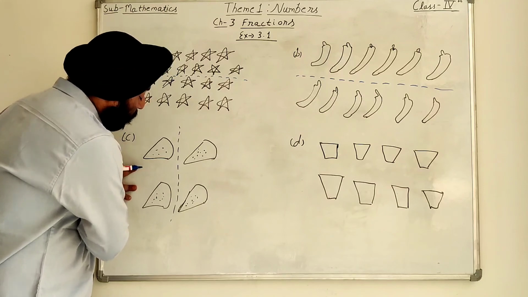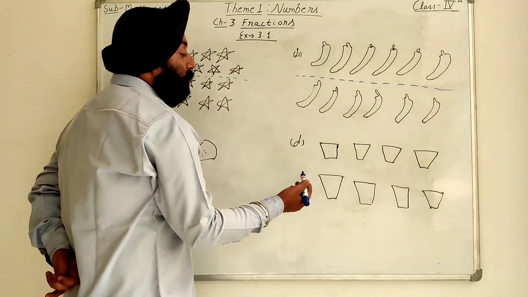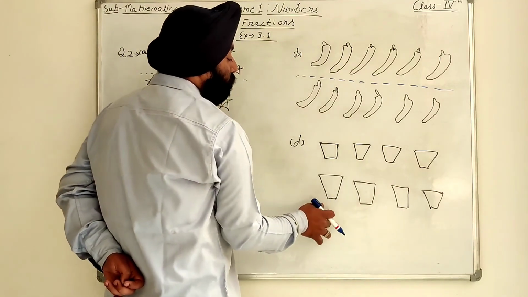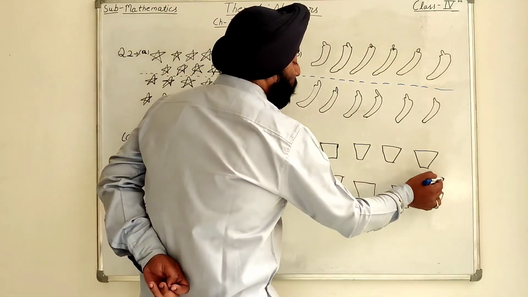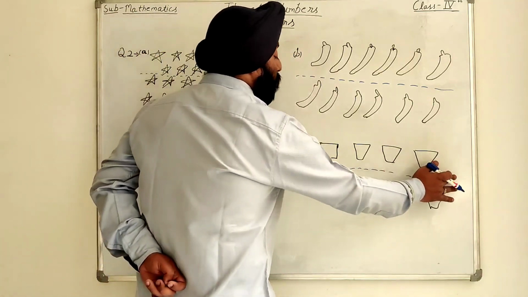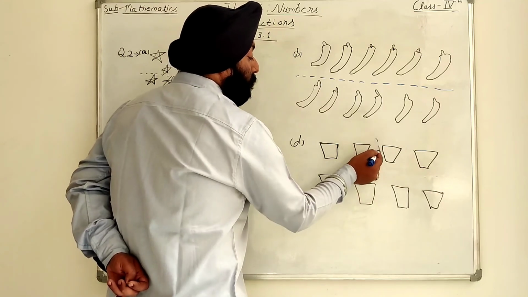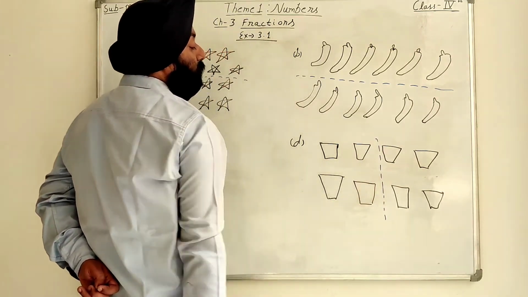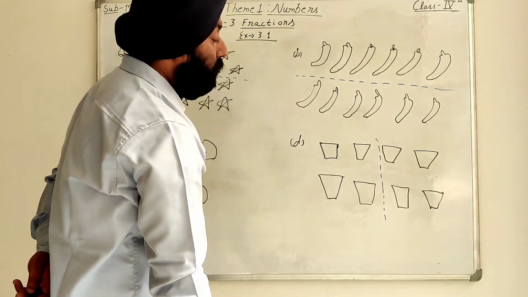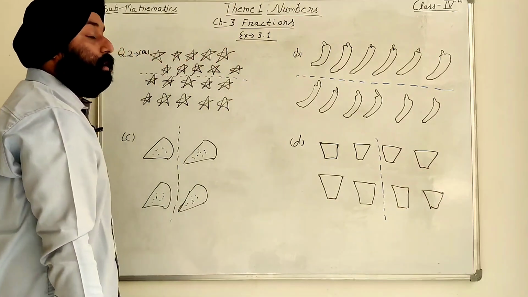Two pieces in this line, two pieces in this. Now we have to divide the bucket into two equal parts. We can do either by drawing this line or the line like this. So in both manners, the answer is correct.